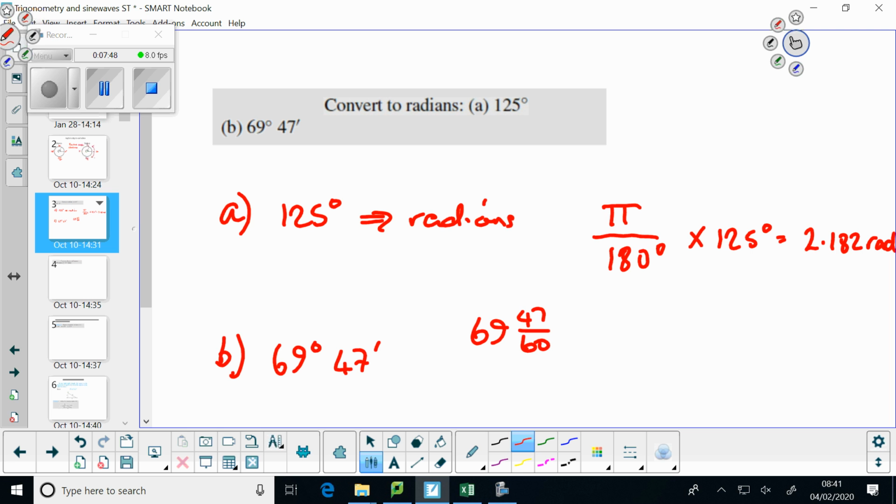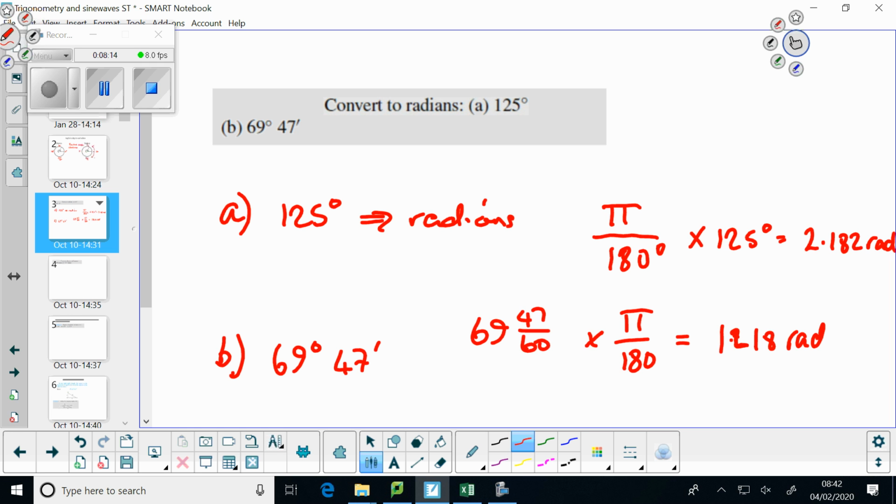To write tiny little angles we also have seconds. There's 60 seconds in a minute, so like time. We multiply that by pi over 180, and you should get 1.218 radians.